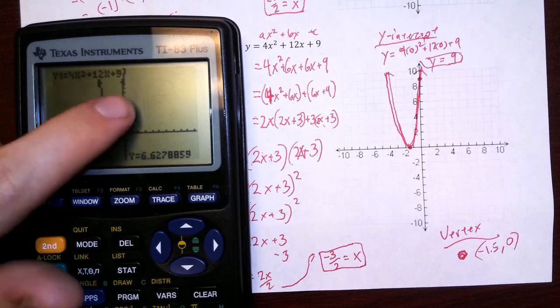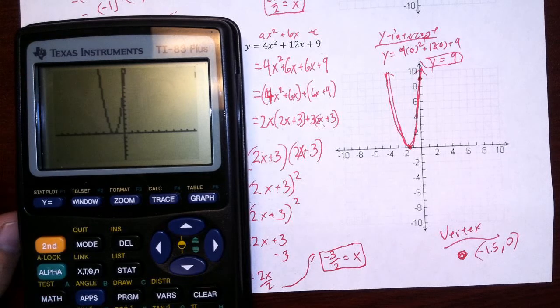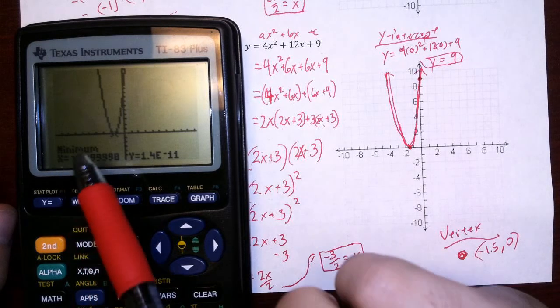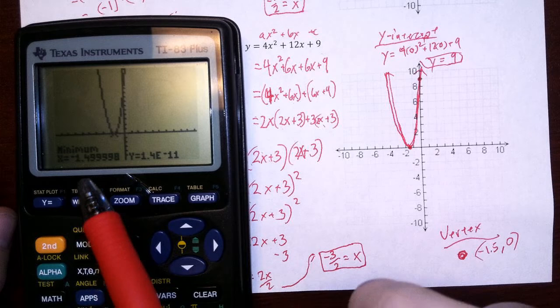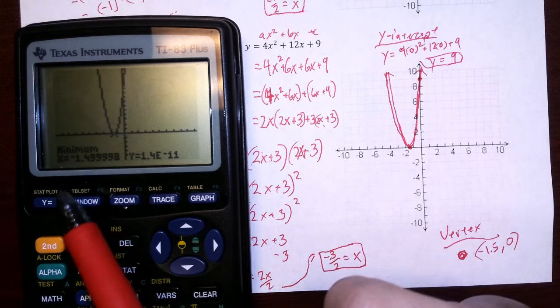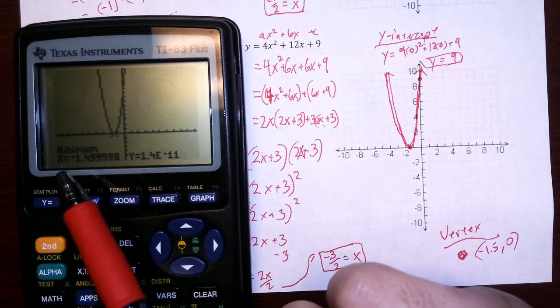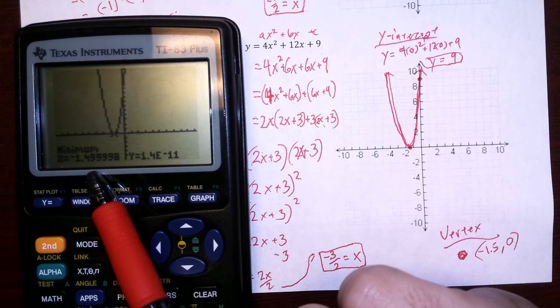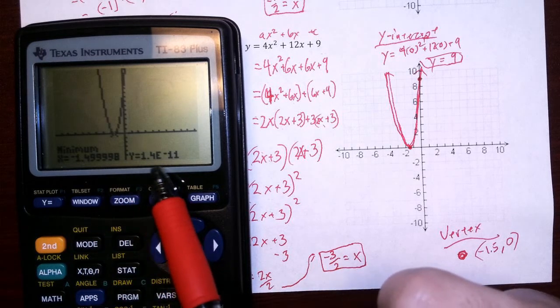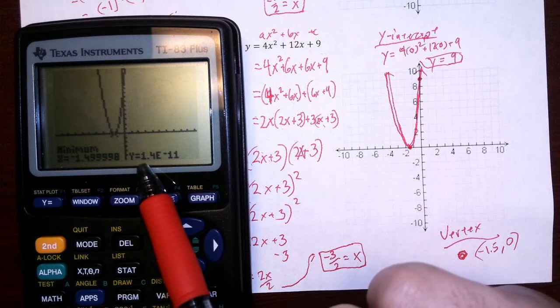Yes, I want to guess in between those two arrows. And we have a minimum of negative 1.49999, but realize that's just our calculator getting very close and trying to tell us that it's actually negative 1.5.